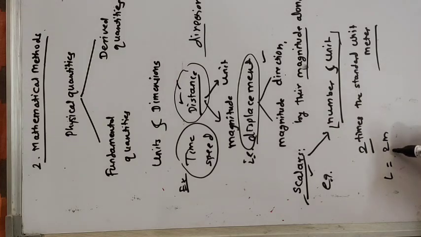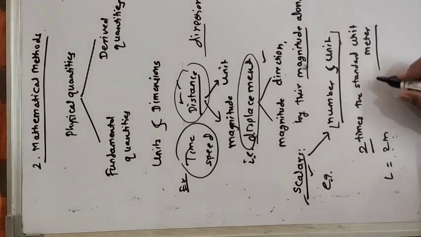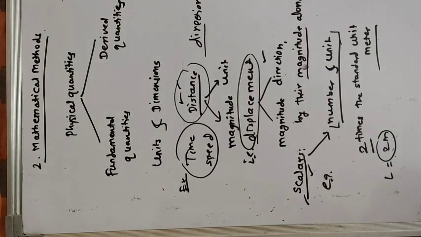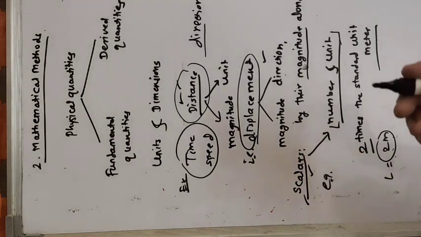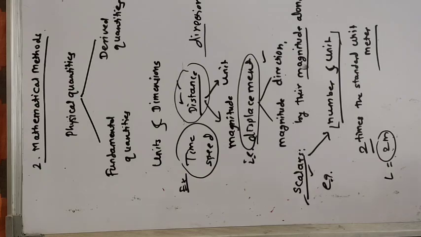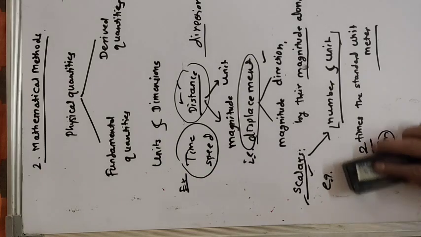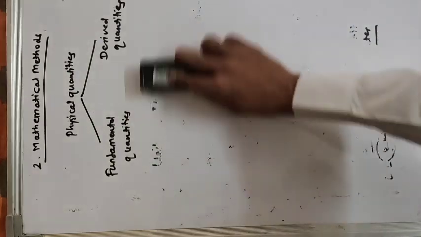This shows that the length is described by a number and a unit. Meter is the unit of length. This number and unit together give the complete idea about the length. Hence it is a scalar quantity. Similarly we can see the other examples as I told you. Now we are going to the definition of the vector.